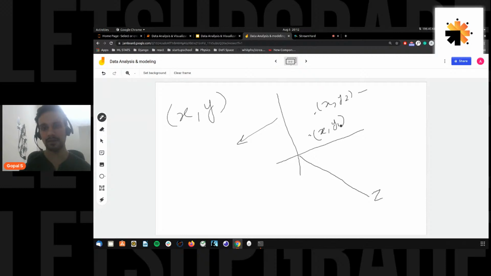This is how we can read it: this is your y and this is your x. So let's say your x is 2 and your y is 4. What will be the value for this x and y?